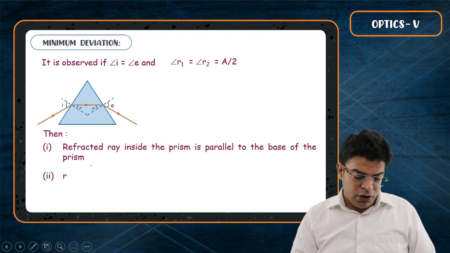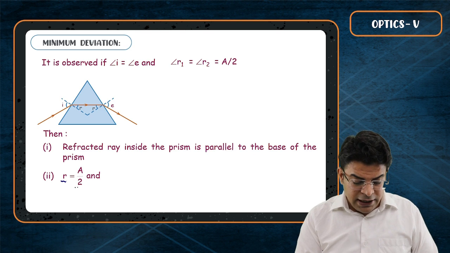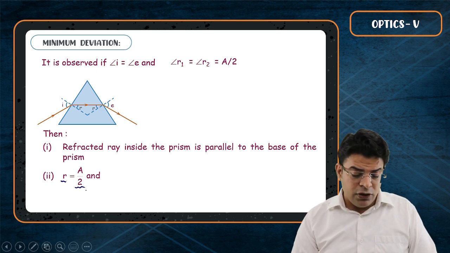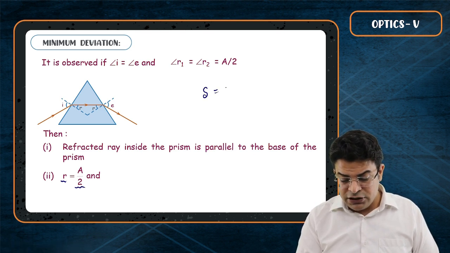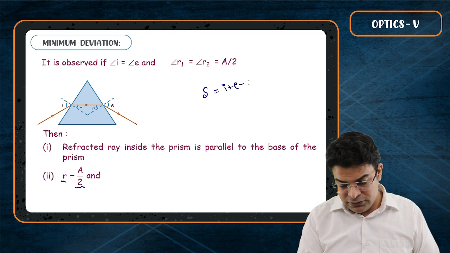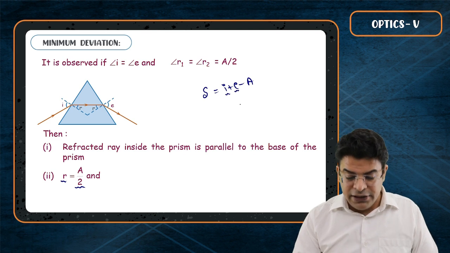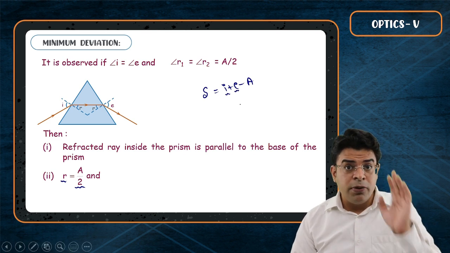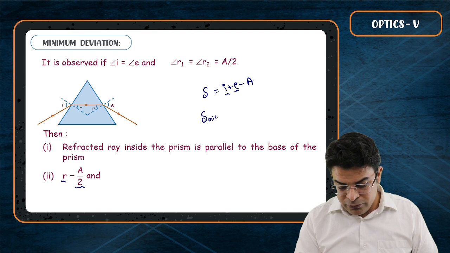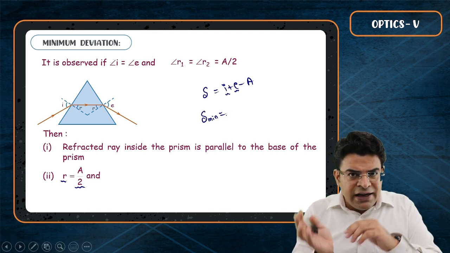Second thing, R can be written as A by 2, and we know that the deviation equals I plus E minus A. For this case, I and E are equal and the deviation is minimum. So I can write delta minimum equals, in place of E, I will write I again.